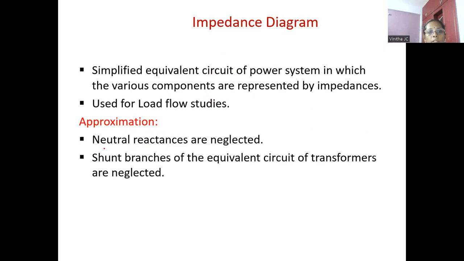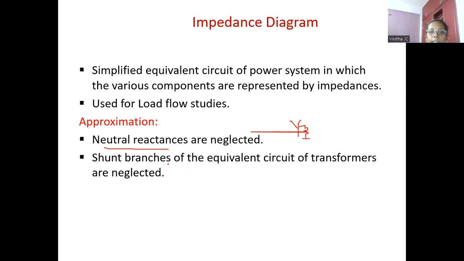So the first point is that the neutral reactance, which is connected between the generator neutral and the ground, is neglected. So here this is a star connected neutral, which is connected by means of a reactance. If the connection is like this, then the neutral reactance between the neutral as well as the ground can be neglected.